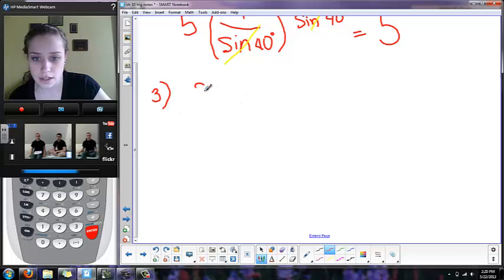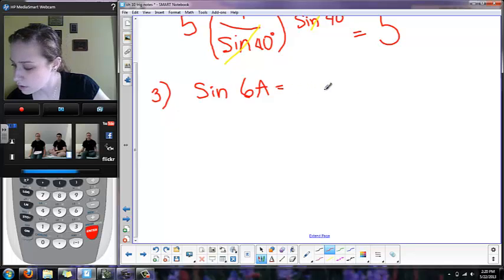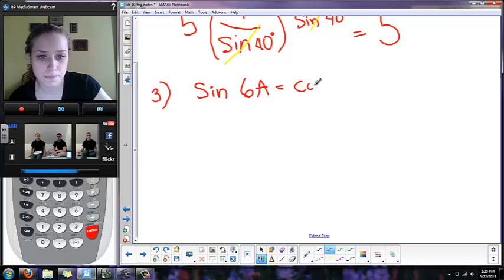Number 3. If sine of 6a is equal to cosine of 9a, then we have to find the measure of angle A. Okay, well, this is stuff that we just went over. They're cofunctions. Sine and cosine are cofunctions, so if you remember, that means that they're complementary, meaning that these angles have to add up to be 90 degrees.